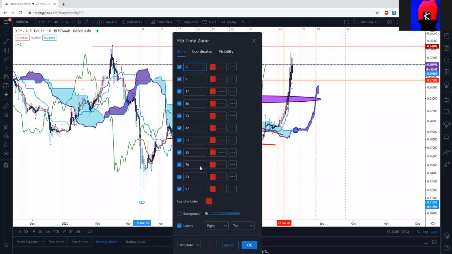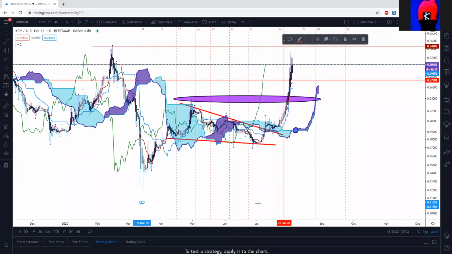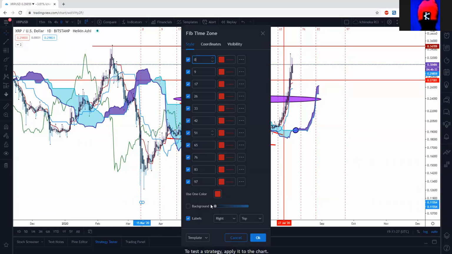So once you get that done, then you could get this same setup here that I have, because with the default settings, you're not gonna get these numbers, and it's gonna give you the wrong information. These numbers are derived from the Ichimoku system 9, 17, and 26, which is based off the clouds, all right? So once you get that in, you could start using this tool, and I'm gonna show you. Let me go ahead.